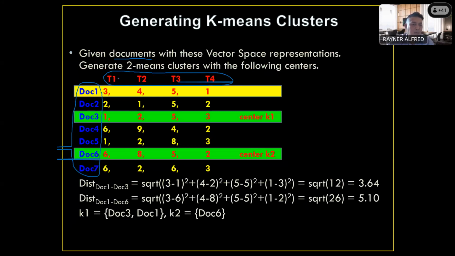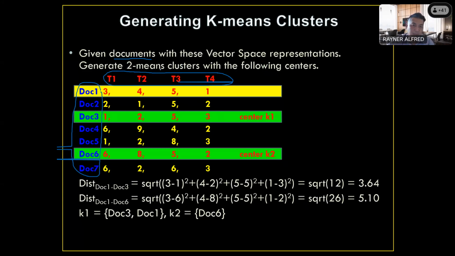For example, term 1 exists 3 times in document 1, and at the same time term 1 exists 2 times in document 2, 1 time in document 3, and so on.